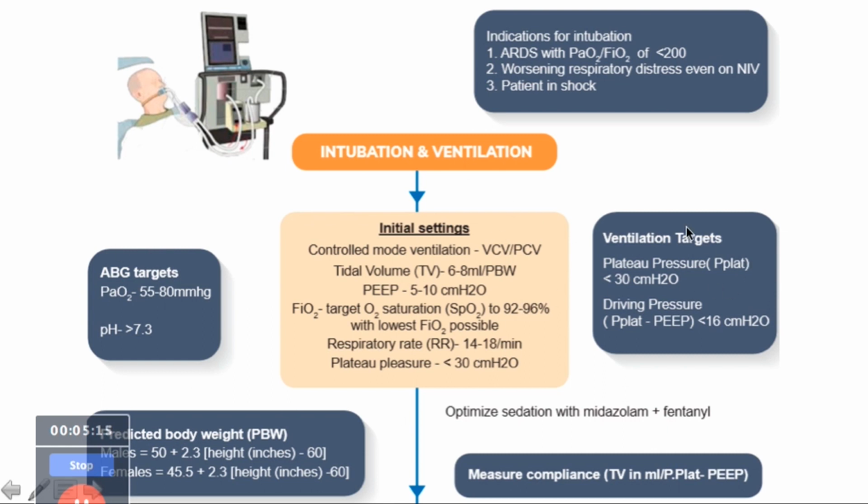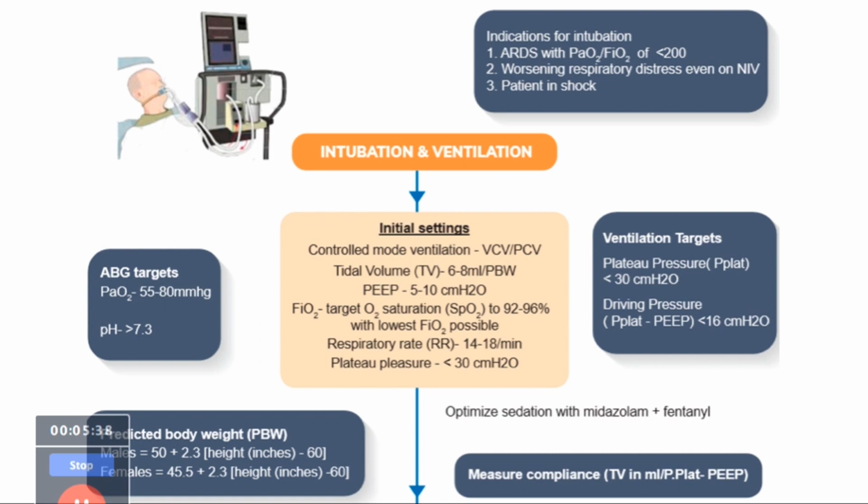So once you have understood the concept of maintaining plateau pressure less than 30, there is another entity called driving pressure. Driving pressure is a simple tool to help prognosticate whether the patient is responding to the PEEP you have set and the low tidal volume ventilation, to keep the plateau pressure less than 30.